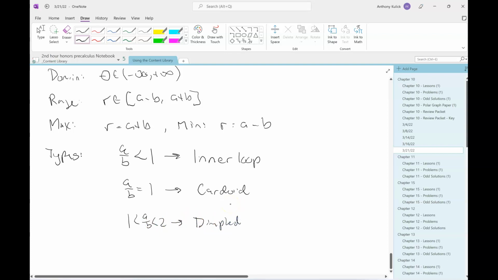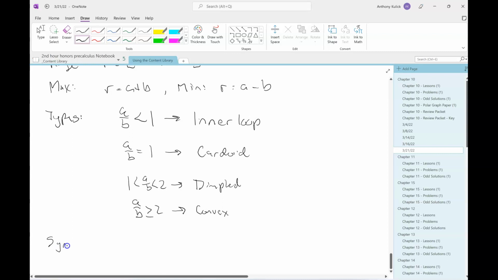It has a little indent in it, which is tough to tell apart from the cardioid, to be honest with you. And if it's 2 or bigger, it's convex, and there's no dent in it at all. And the symmetries are really easy. The cosine ones have x-axis symmetry, and the sine ones have, not surprisingly, y-axis symmetry.